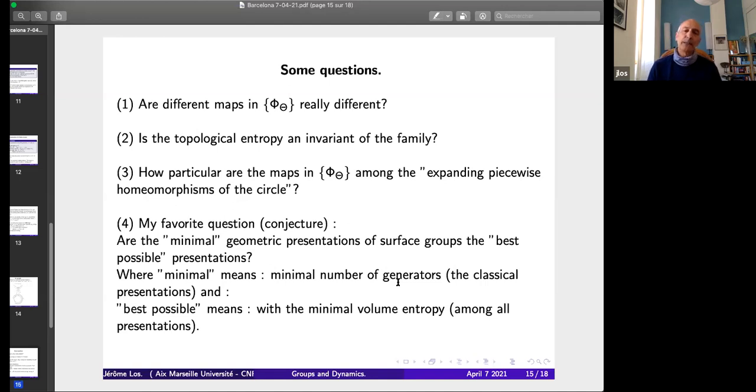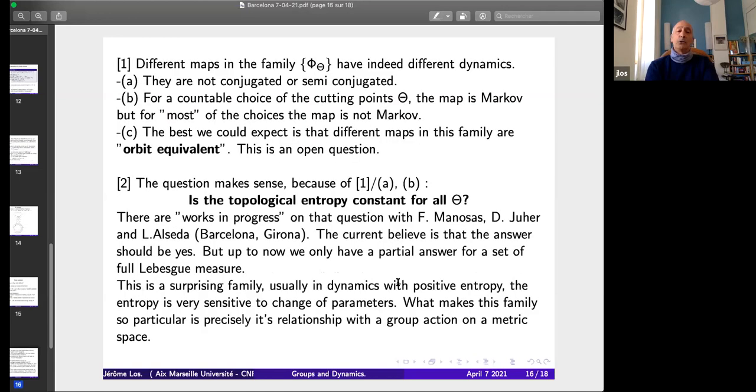So let me discuss a little bit these four questions. The first one is, are the different maps in that family really different? And the answer is yes, they are very different. In particular, they are usually not conjugated, they are not even semi-conjugated.